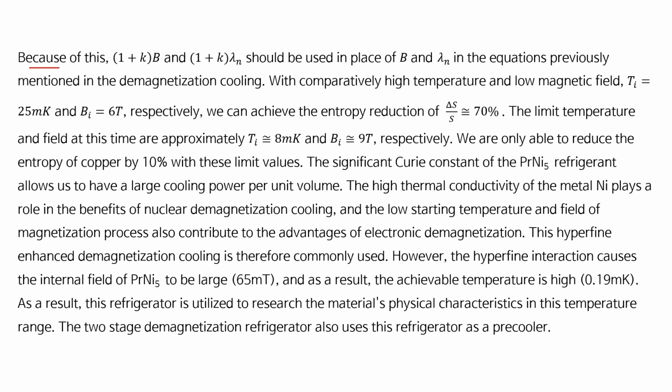Because of this, 1 plus Kb and 1 plus K lambda n should be used in place of B and lambda n in the equations previously mentioned in the demineralization cooling.